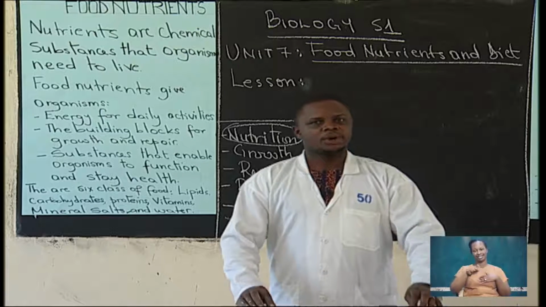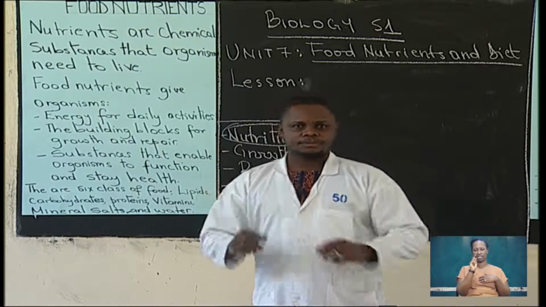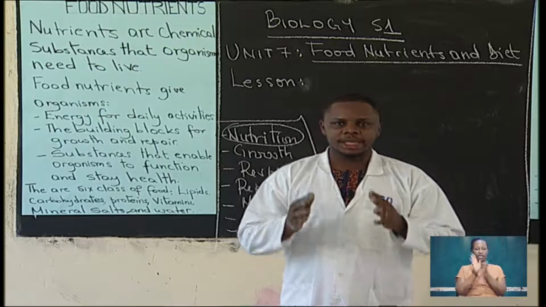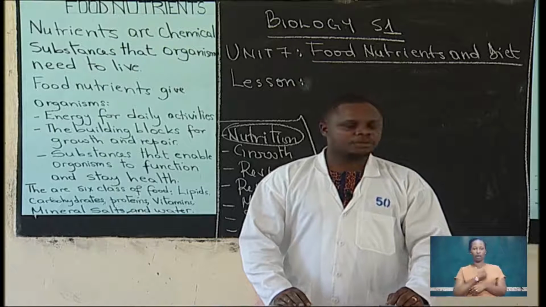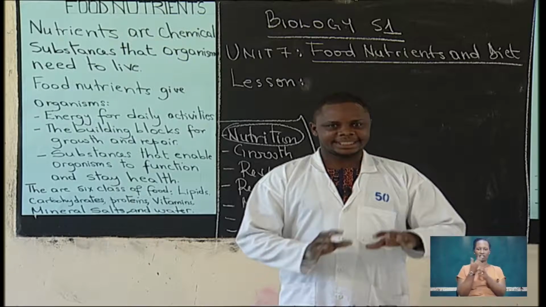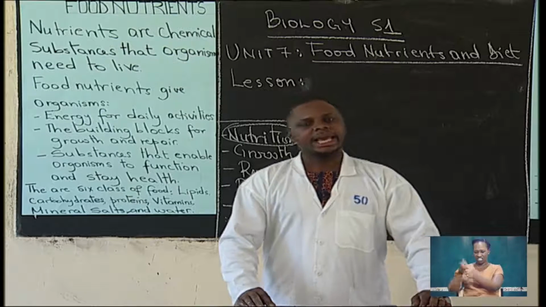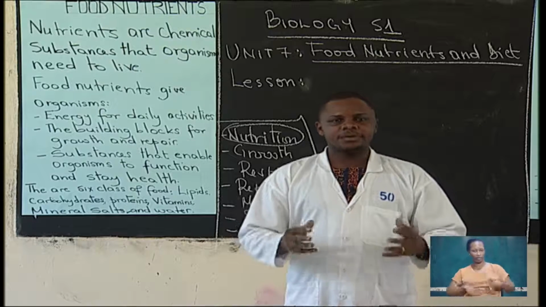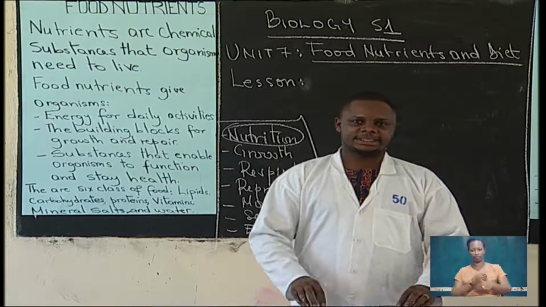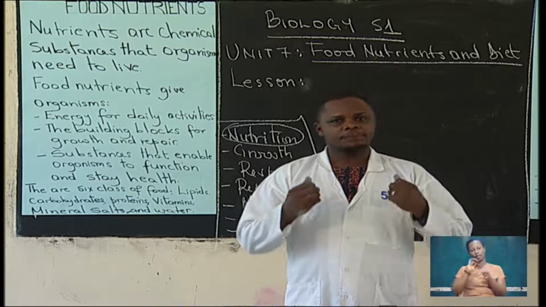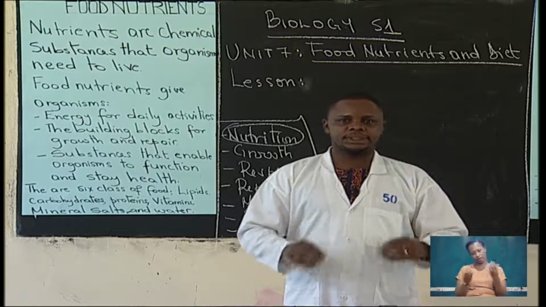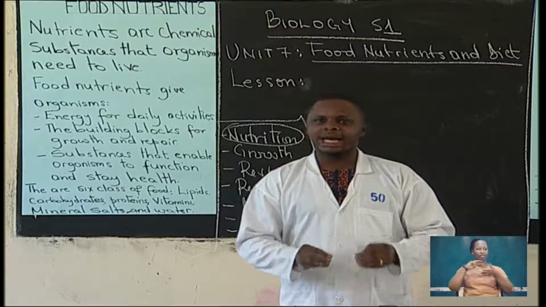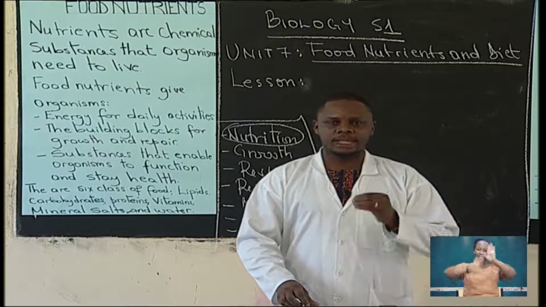Those nutrients, we get them from different foods we eat, and they have different functions in our body. They don't perform the same functions. They have different functions. Example, some of them provide energy to our body. Some of them protect our body from diseases. Some of them make structures or organs of the body. Some of them cool the body, which means they are important and they perform different functions in our body.